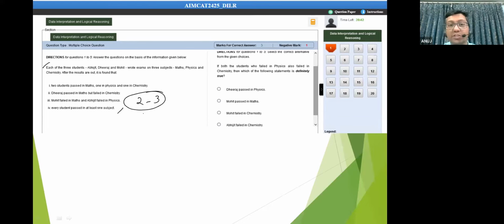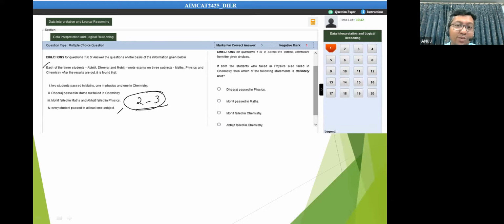If your reading speed is good, you will take 2 to 3 minutes not only to read the set, but also to understand the conditions thoroughly. See, this is very important in logic. If you miss out one word, the meaning will entirely change. And I'm sure even sir will agree with me that in English also, in verbal also, even though I'm not a verbal faculty, he's an expert in that.